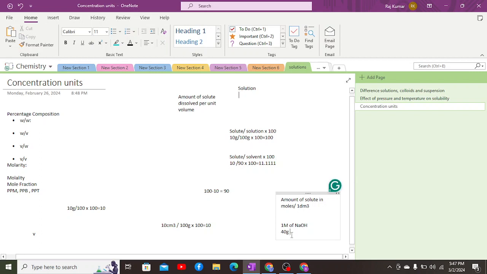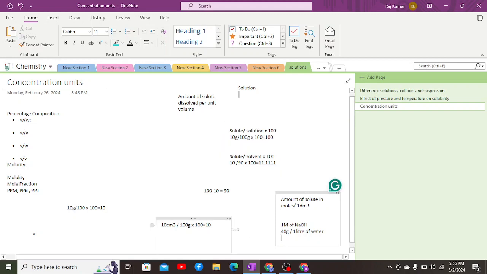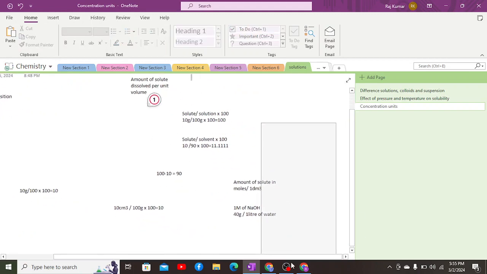And when we take 40 gram of sodium hydroxide and dissolve it in 1 decimeter cube of water, if I'm going to dissolve 40 gram of NaOH into 1 liter or 1 decimeter cube of water, then at that moment it will give us a 1 molar solution of sodium hydroxide.